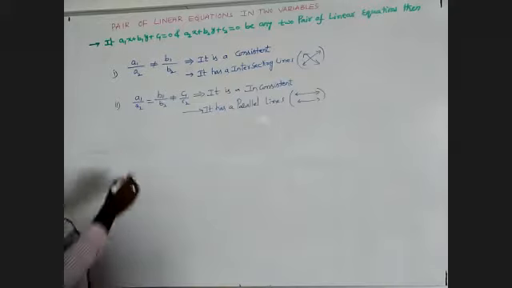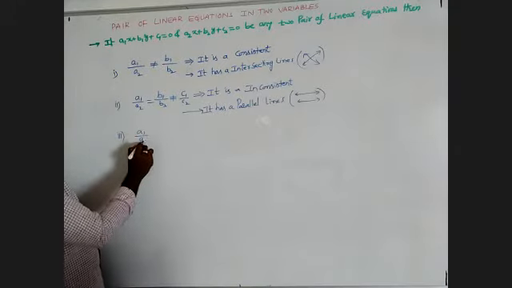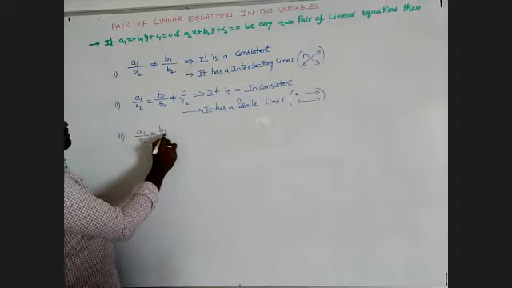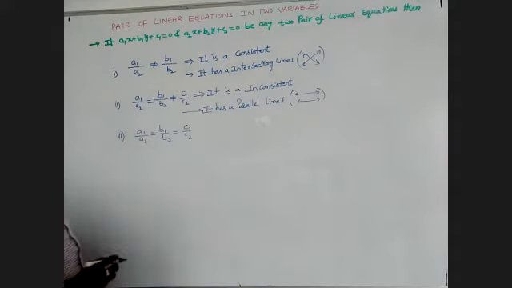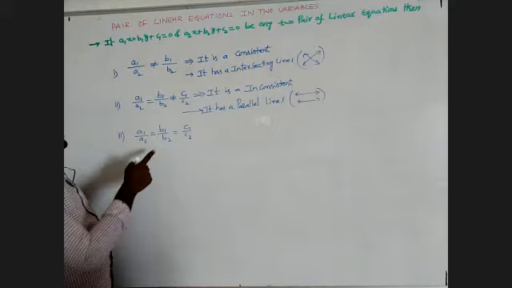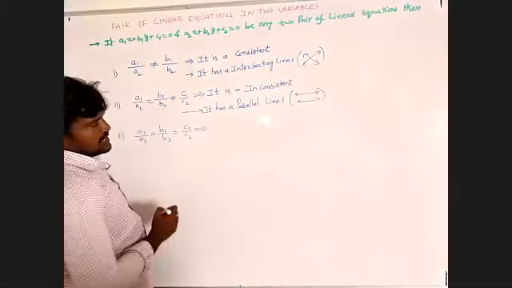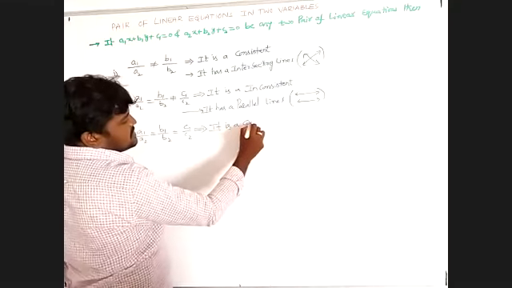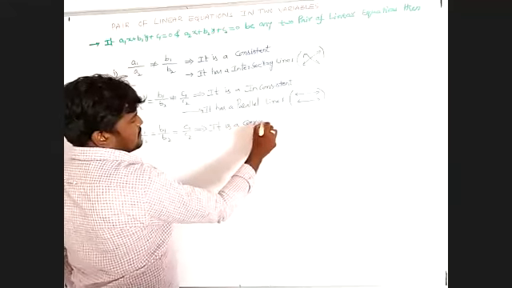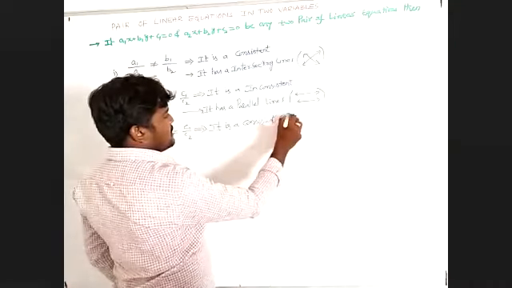Again, finally, the last condition is a1 by a2 is equal to b1 by b2 is equal to c1 by c2. Then it means it is consistent or dependent lines.